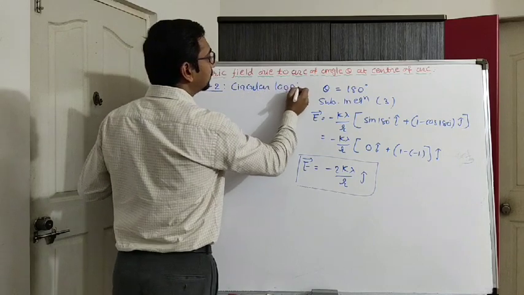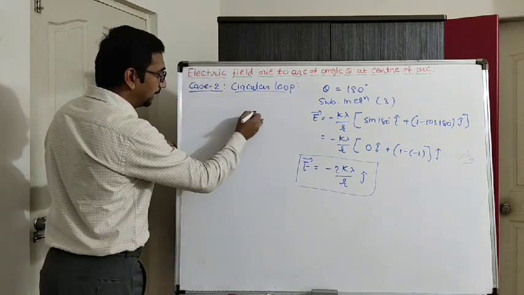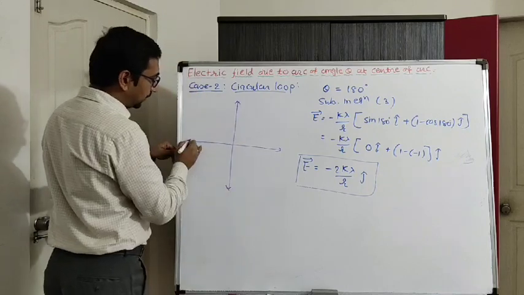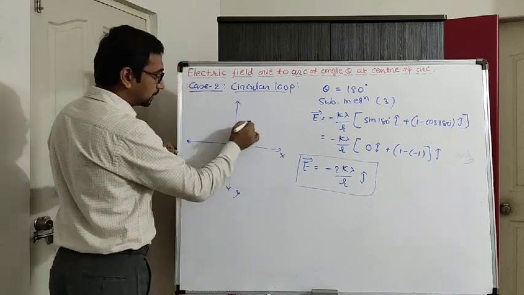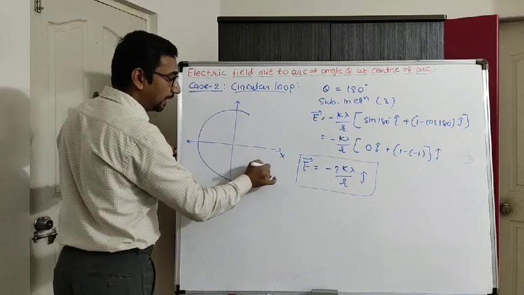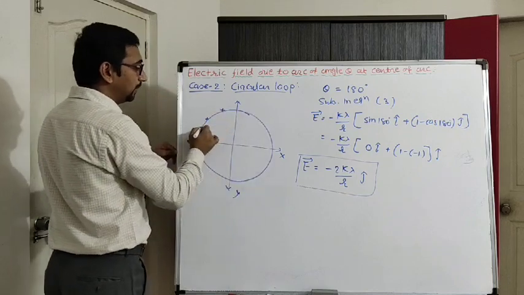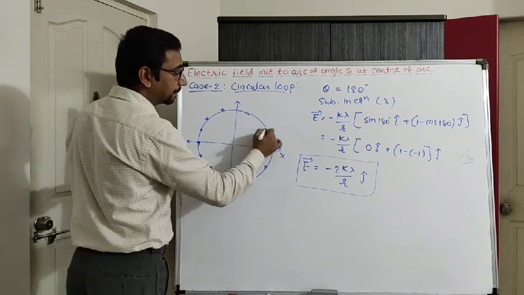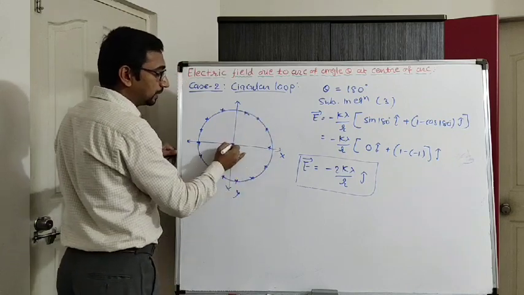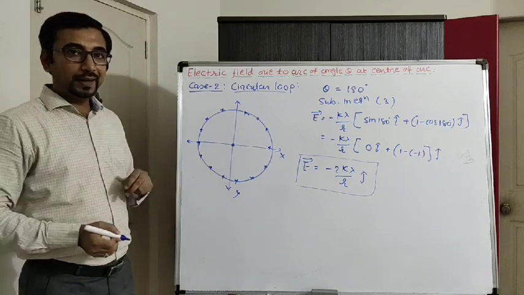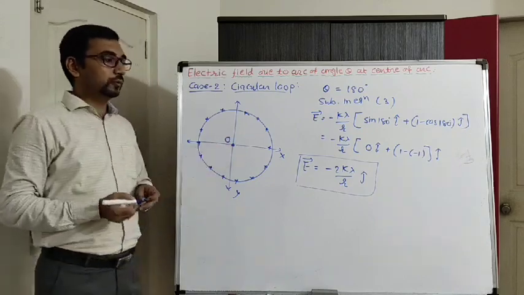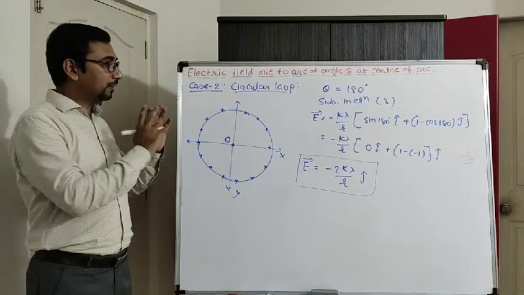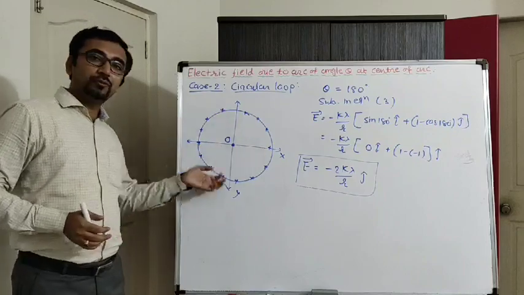a circular loop, and we want to find the electric field at the center of the loop. Again we are taking a coordinate system. Suppose we have one circular loop like this, it is uniformly charged, and we want to find the electric field at the center. So this is the uniformly charged circular loop and this is center point O. This is a regular figure. Charges are uniformly spread.